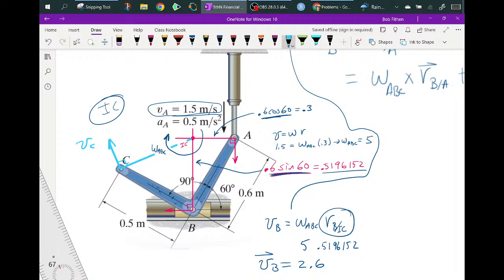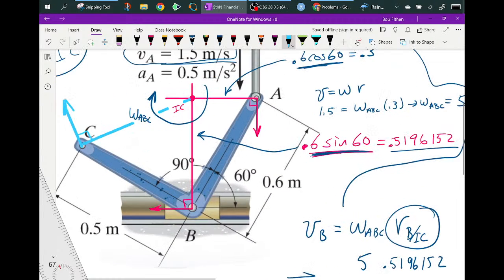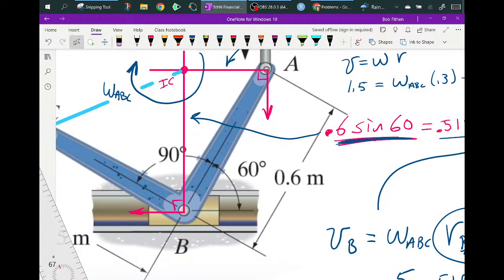Can we figure this one out? Actually, you can. I may have to mark around on the drawing a little bit, but that's okay. If you look at this, and this is 60, and this is perpendicular, this must be 30. If that's the case, 30 and 90 get you back to another 60.